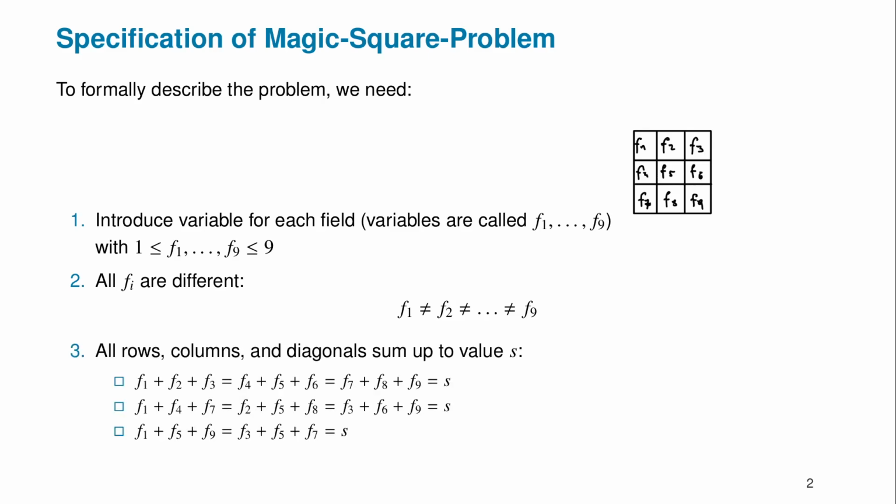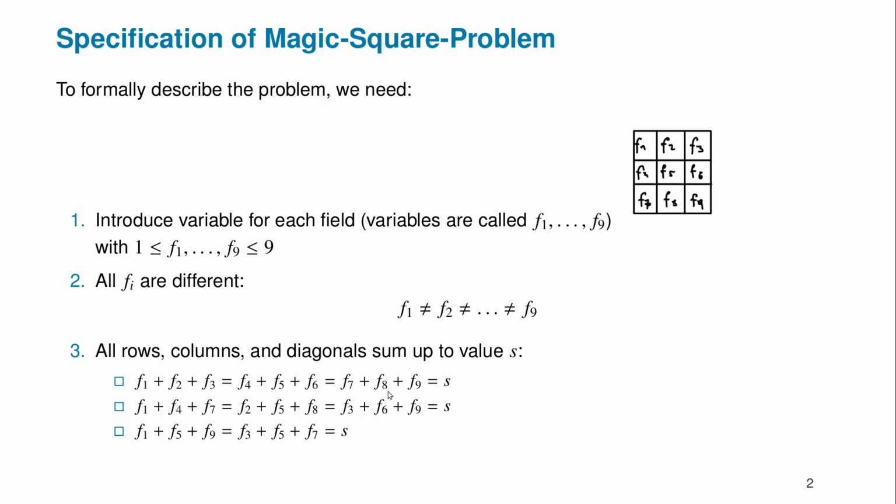And then we need the sum constraints, saying that F1 plus F2 plus F3 is the same as F4 plus F5 plus F6 is the same as F7 plus F8 plus F9. And here I say these additions have the value S.